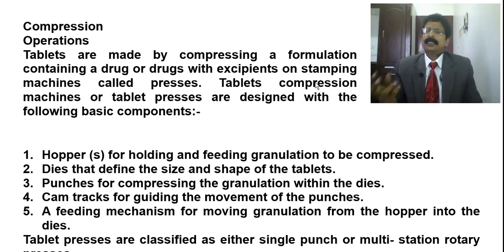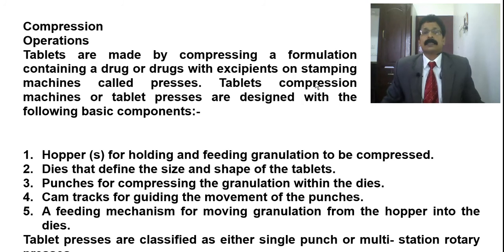Dies will change, sometimes round or oval shape. These dies are very important to decide the shape. Not only dies, even punches also. For compression you need punches, so that is also an important part in a tablet compression machine. Punches compress the granules within the dies. Inside the dies the punches will be moving.